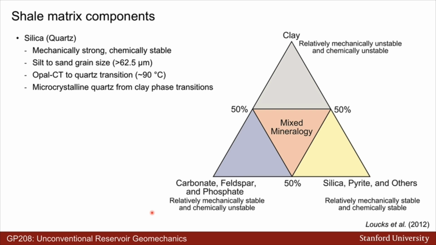And one important thing about quartz is that based on the temperatures of these reservoirs, the quartz has actually gone from the opal CT to quartz transition. And the significance of this is this transition actually produces microcrystalline quartz in addition to what happens when clays actually change from smectite to illite. And we'll focus a little bit on that later when we talk in more detail about clays.